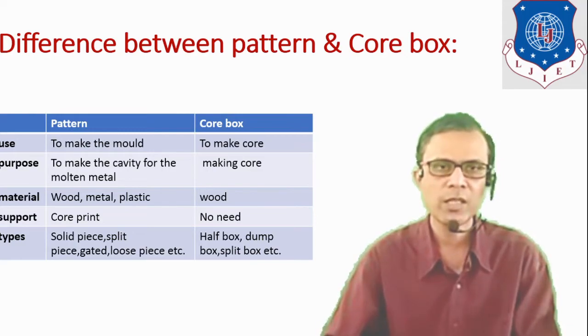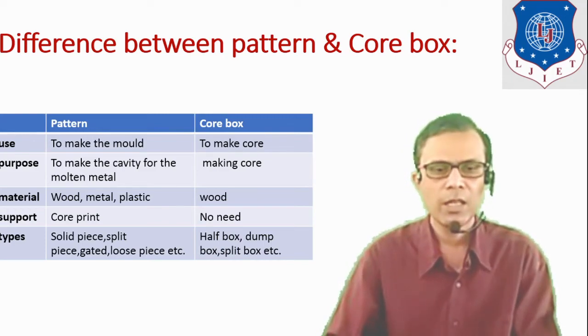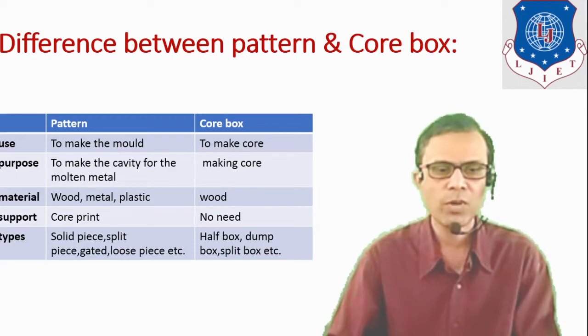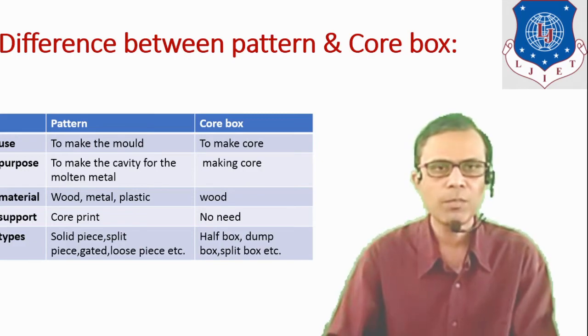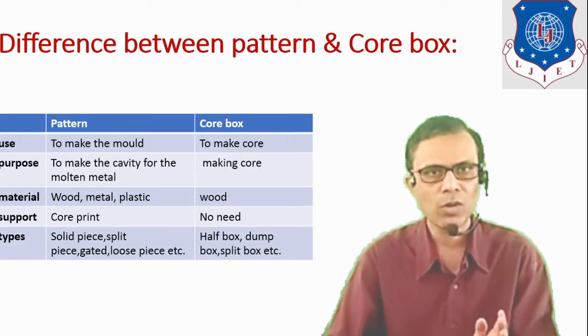First point is about use. A pattern can be used to make the mold cavity, and a core box can be used to produce a core. What is the purpose? The purpose of a pattern is to produce a cavity for the molten metal, and the purpose of a core box is making a core.